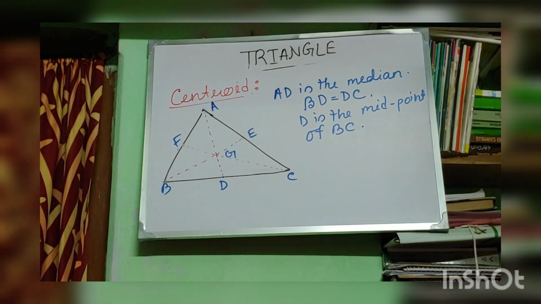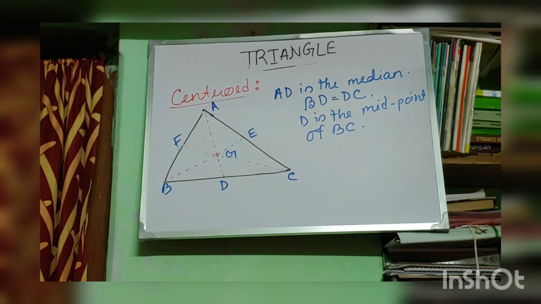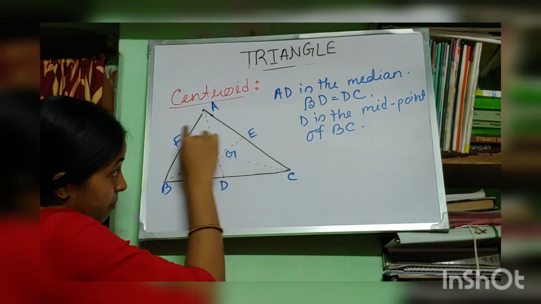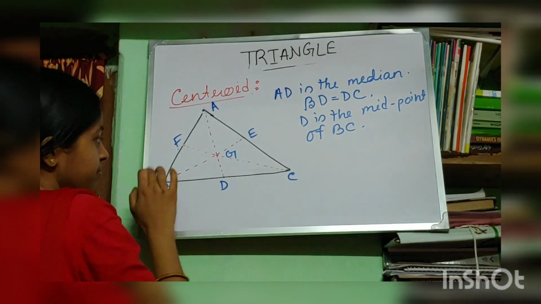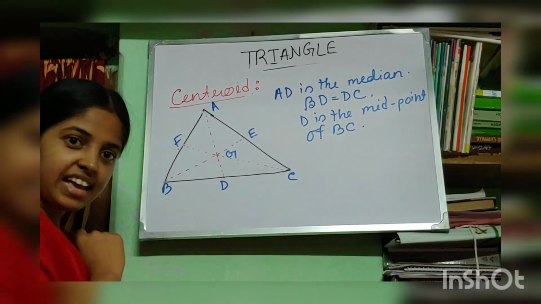Now come back to the point, what is the centroid? A triangle has three medians. CF is the median on AB, BE is the median on AC.